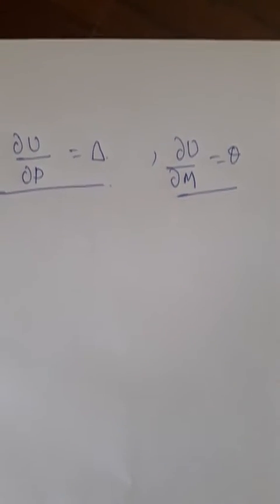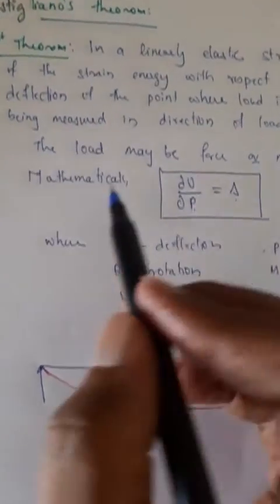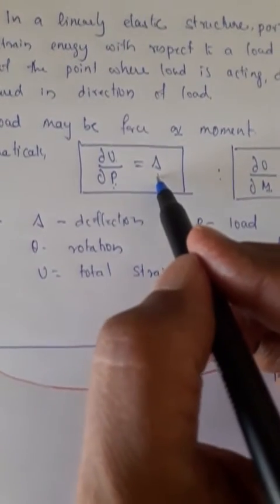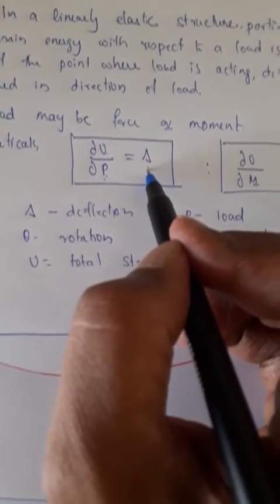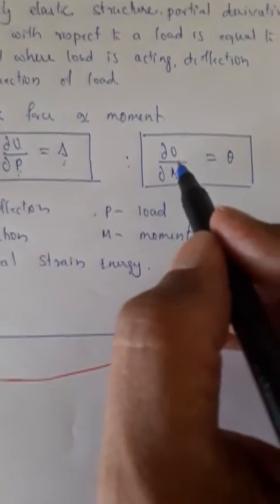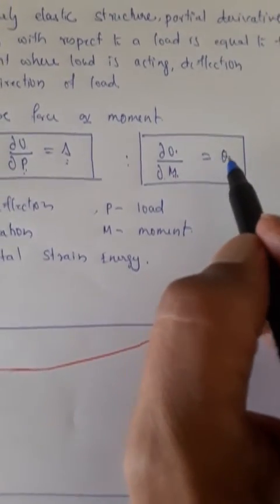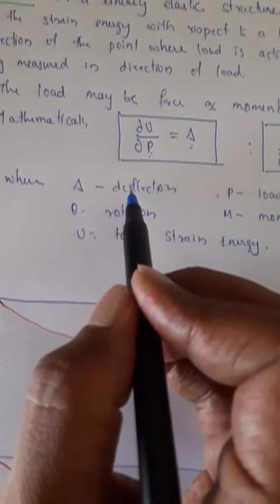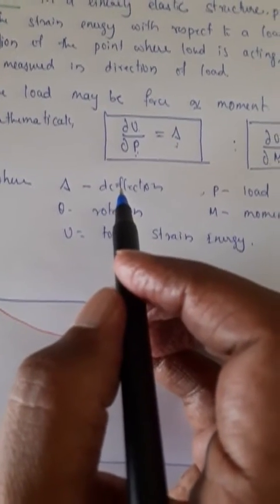This is the mathematical statement of the theorem: dou U by dou P is equal to delta, and dou U by dou M is theta, where delta is deflection, which may be horizontal or vertical.